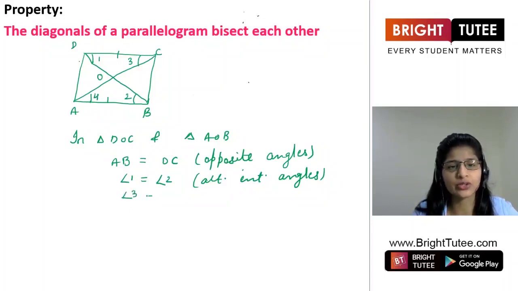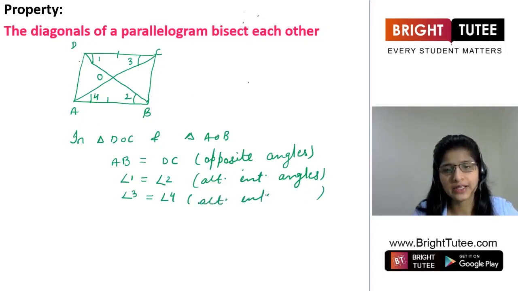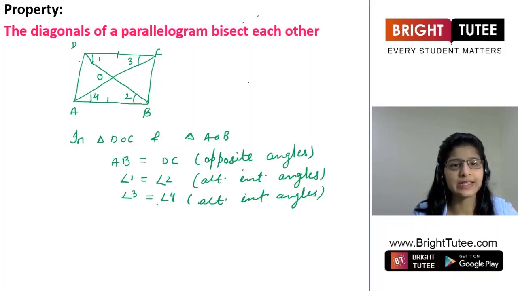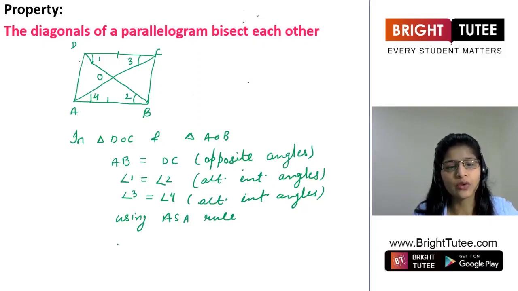That they're also going to be equal with the same reason as alternate interior angles. Right? Now two of the angles and the included side is equal. So using which rule? Using angle side angle rule, we prove that triangle DOC is congruent to triangle AOB.